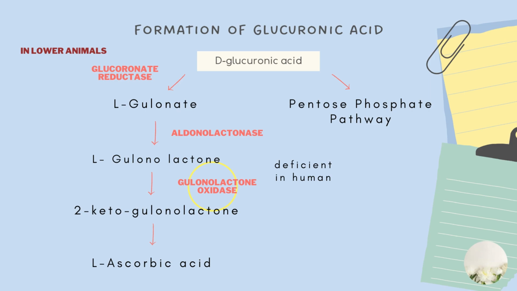This L-gulonolactone continuously will be converted to 2-ketogulonolactone with the involvement of gulonolactone oxidase, which is deficient in humans. Lastly, this 2-ketogulonolactone will be converted to L-ascorbic acid.